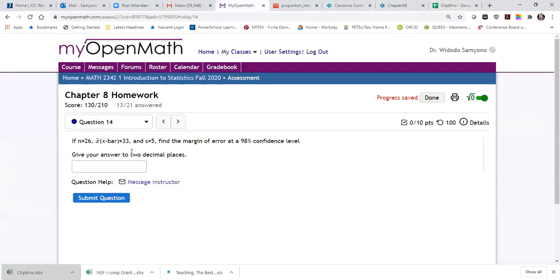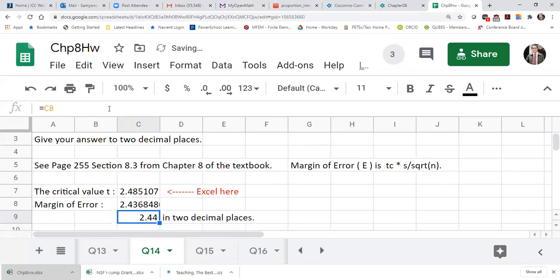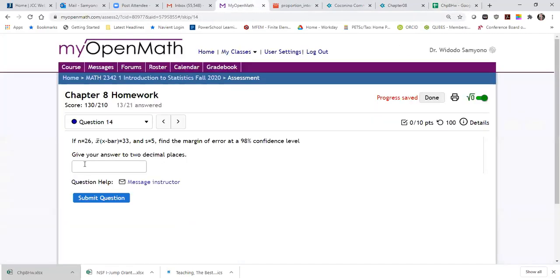And then the sample size 26. Enter. So your margin of error will be 2.44, because you need to write it to two decimal places.